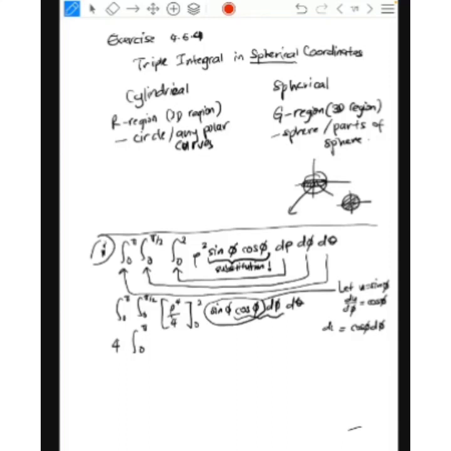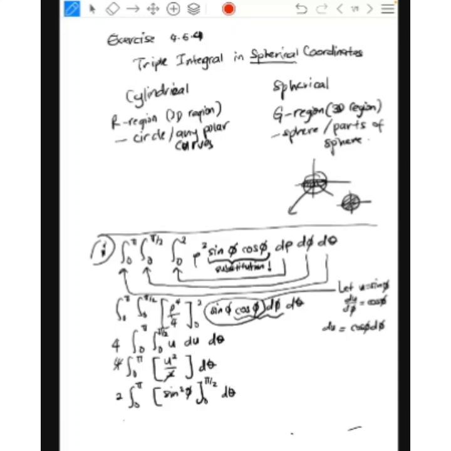So we substitute everything. Sine phi becomes u, and cos phi d phi becomes du. This is what we want to integrate. The limits 0 to pi over 2 are still there, and theta is still there. So it becomes u squared over 2, d theta. Do not substitute the values of 0 to pi over 2 yet. You have to substitute back u into sine, so sine squared phi from 0 to pi over 2, and what's left is d theta.